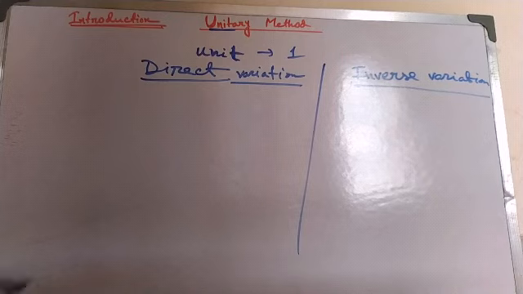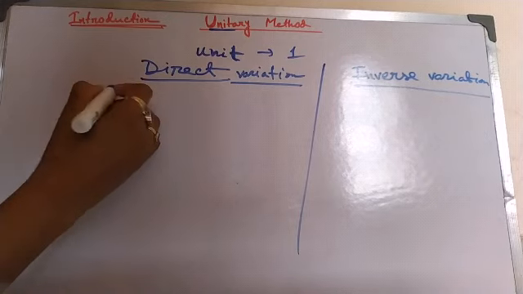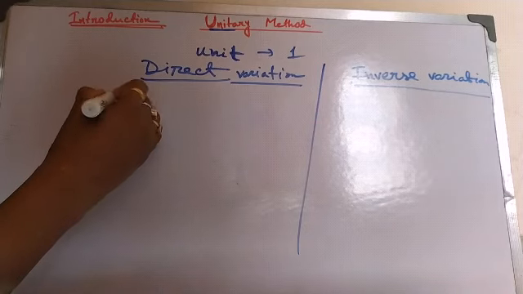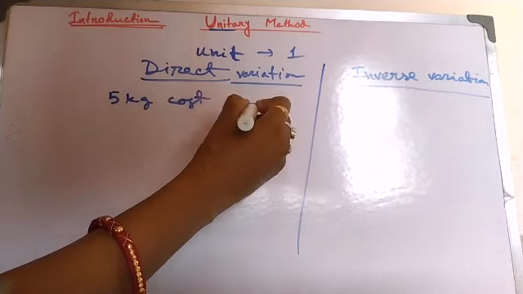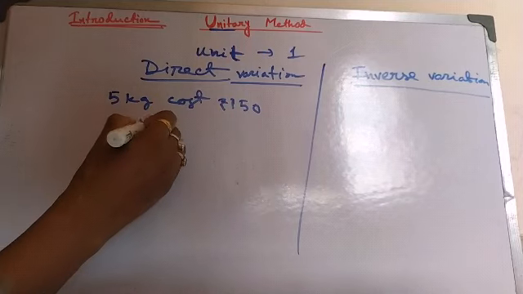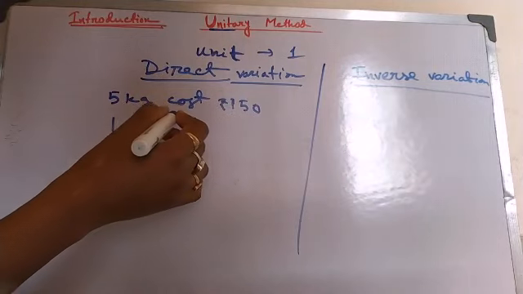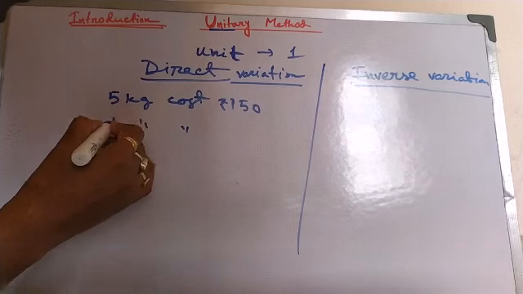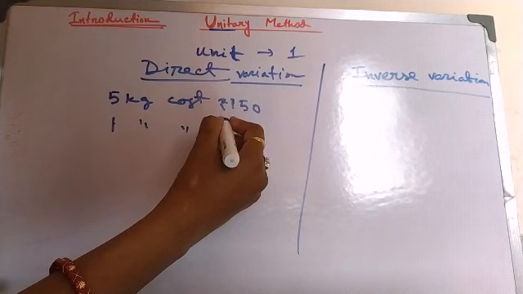So what is direct variation? Direct variation means the example I gave at first, that 5 kg cost is 150 rupees. Then if we find out the 1 kg cost, the rupees will be smaller.